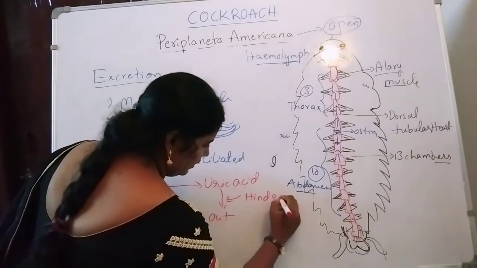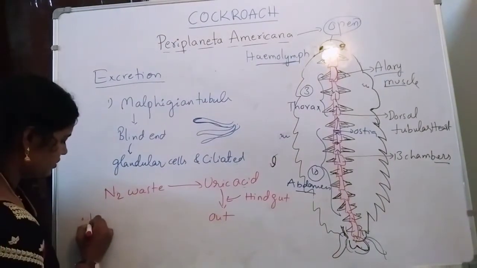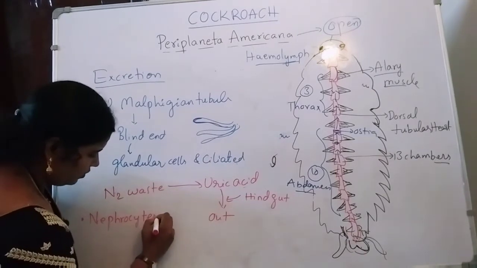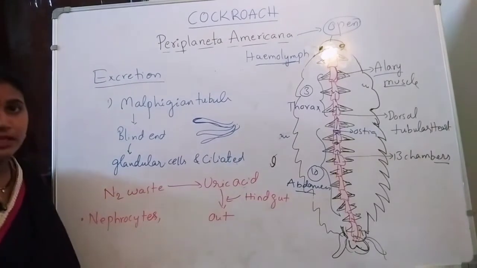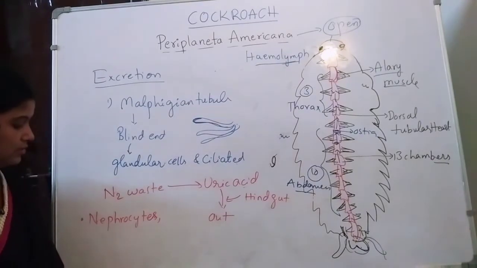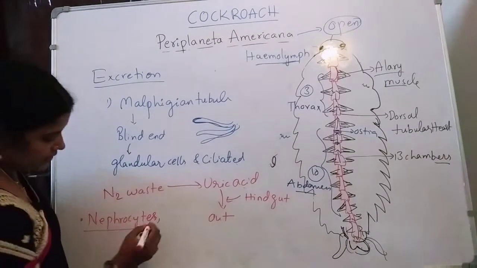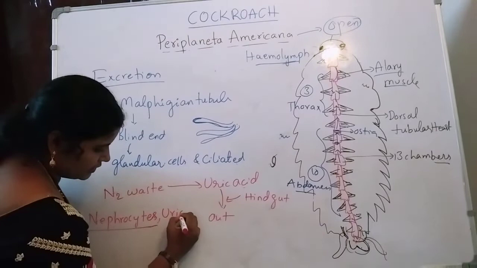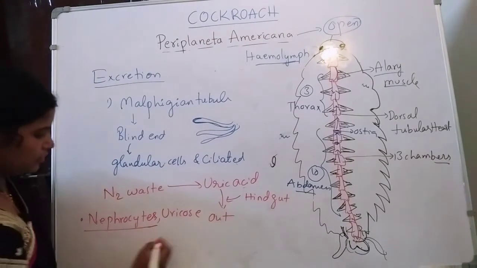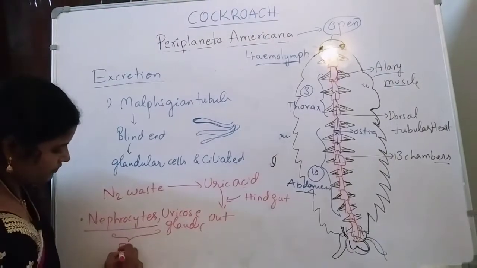The Malpighian tubules also contain special cells like nephrocytes, which are responsible for excreting substances, and they also convert the uric acid. That's why uricose glands are also present here, for excretion.